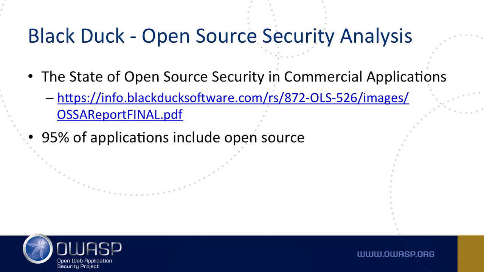As one would expect, 95% of all applications include some form of open source. People today don't build applications from scratch. They take components or dependencies, put them together, and code maybe 10 to 15% of their application logic, using all of these components as glue to make the application work, to make it faster to develop.